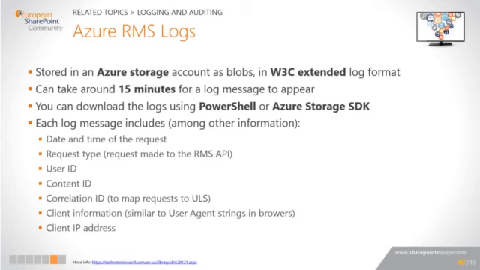Some client application information similar to the user agent strings in browsers, so which client application was making the requests, and some other information, and the client IP address. So this can be pretty useful to audit the access on sensitive files. So I'm going to skip this demo because we don't have the time for it now.